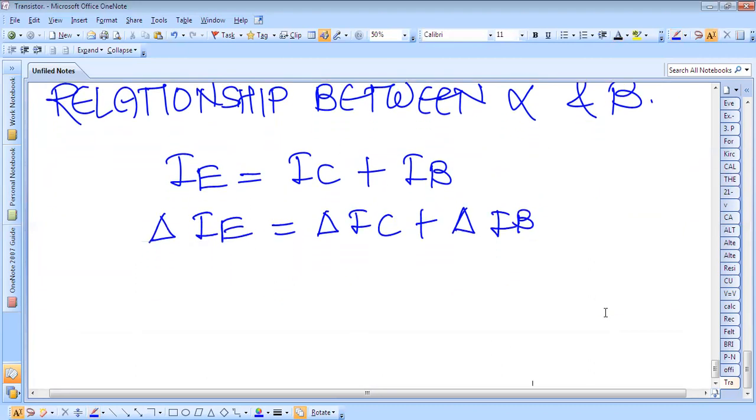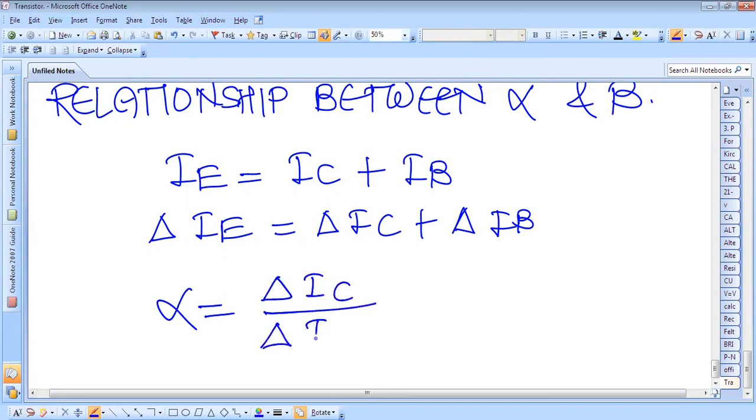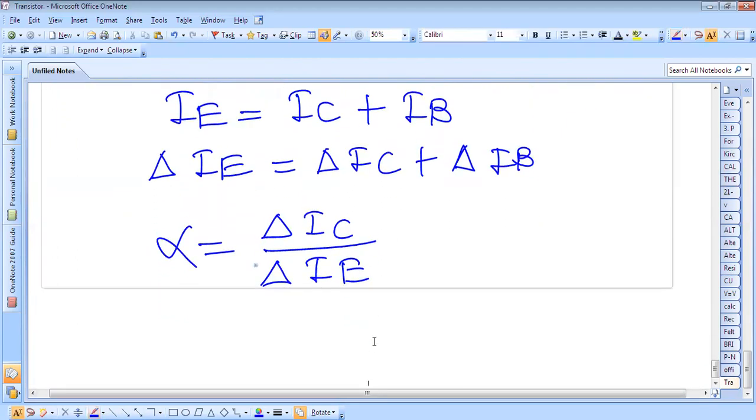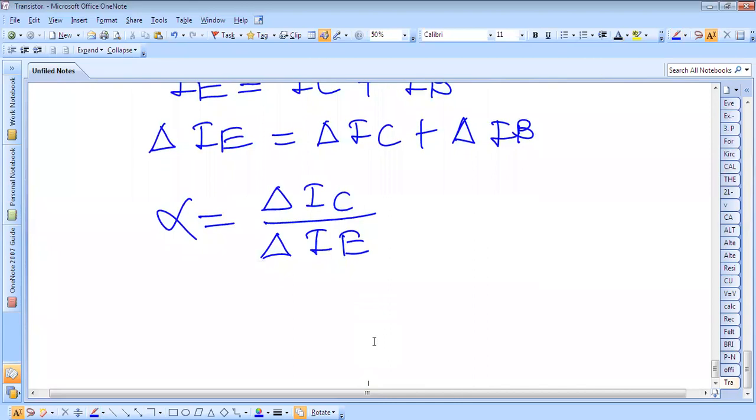Alpha is the change in collector current to the change in emitter current. This is the value of alpha, the current amplification factor in the common base circuit.